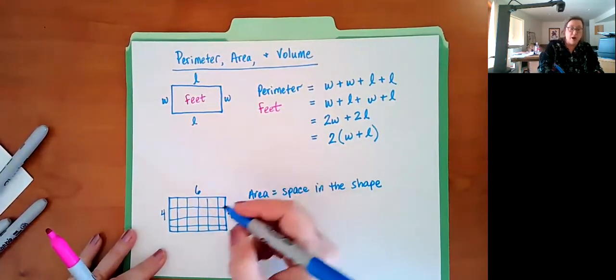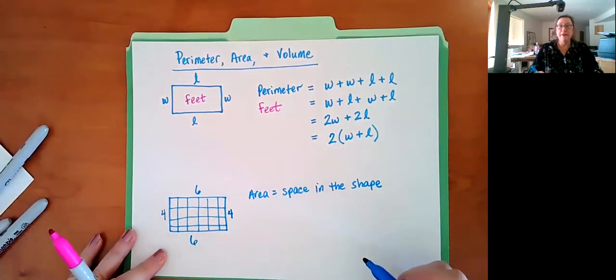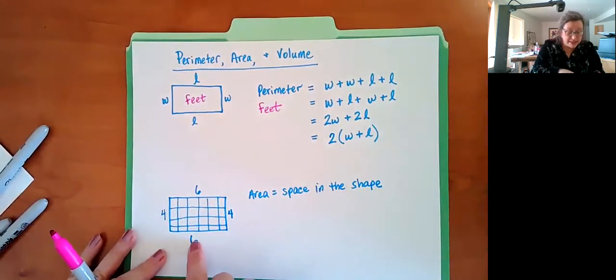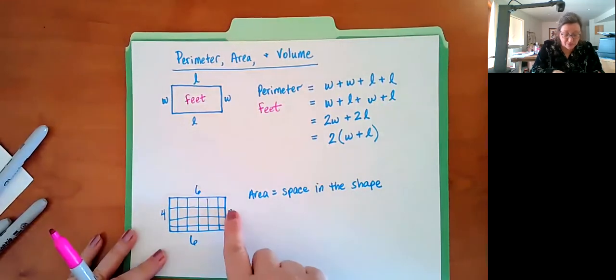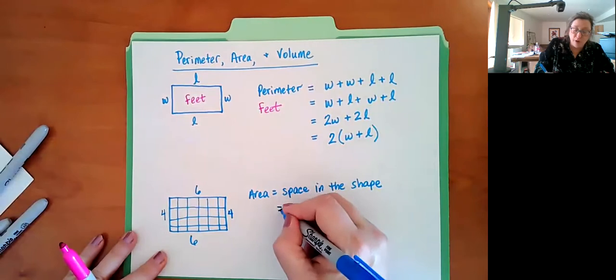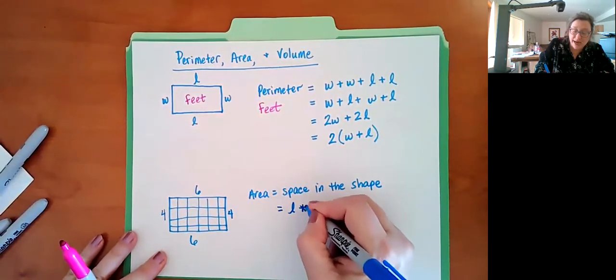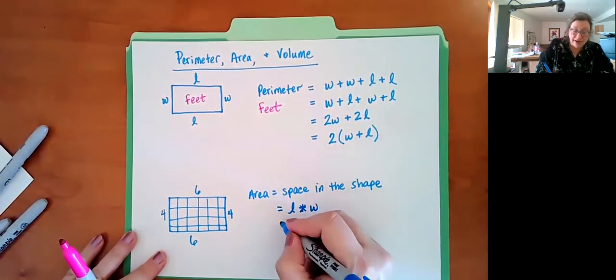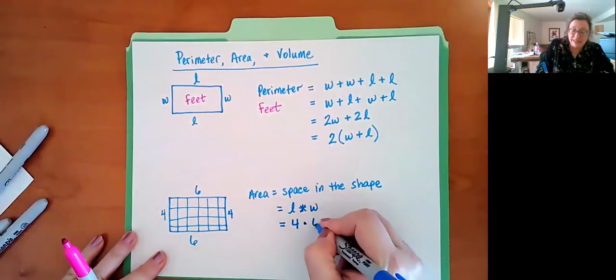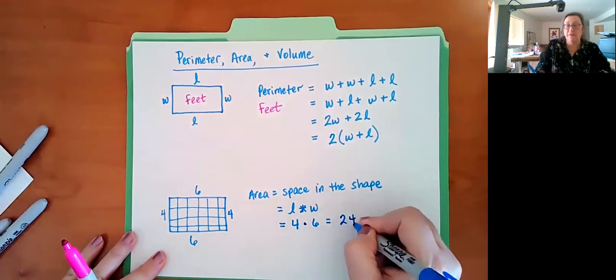If we were calculating perimeter, we would do 6 plus 4 plus 6 plus 4, which would give us 20. For area, however, the formula is length times width. So in this case, it would be 4 times 6, which is 24.